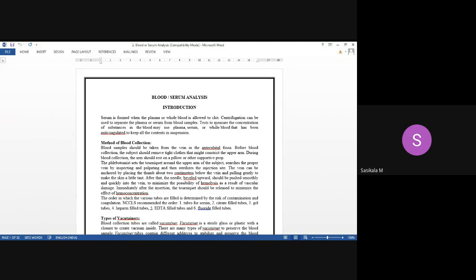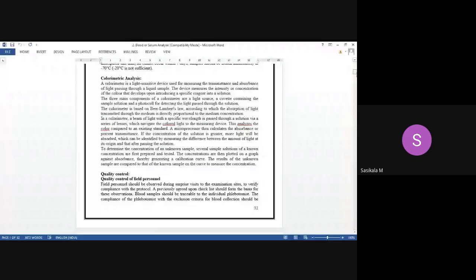Already you have seen in the theory we have discussed the role of clinical chemistry laboratory, how to collect a sample, and what are the different containers we are using for collecting this blood sample. And here the third part we need to discuss is blood and serum analysis.